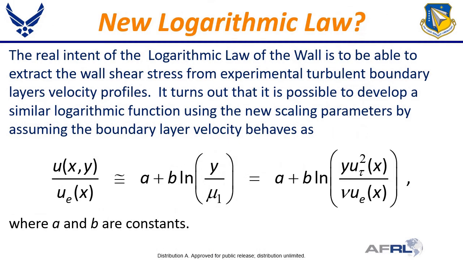Okay, one final thought. The following are some new results that are not in the paper, but I think are relevant. One of the reasons why there has been so much work done on the Prandtl Plus parameters and the law of the wall is as a way to justify the extraction of the wall shear stress based on the measured experimental velocity profile.